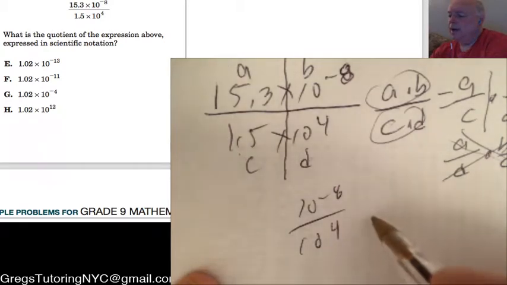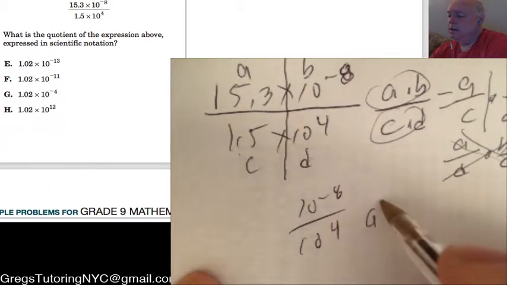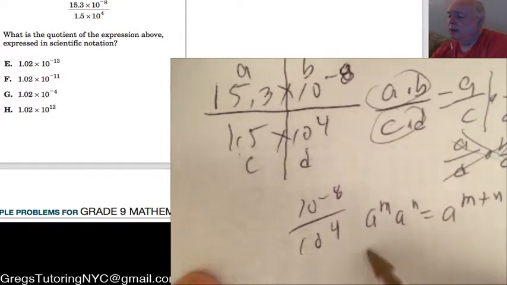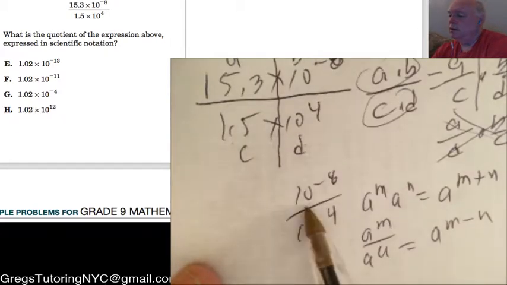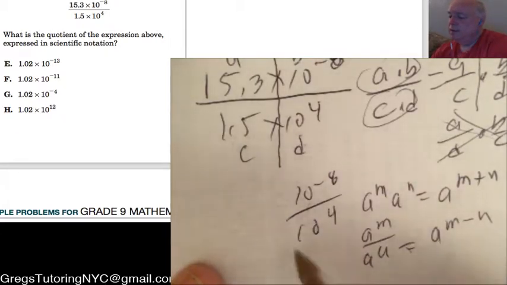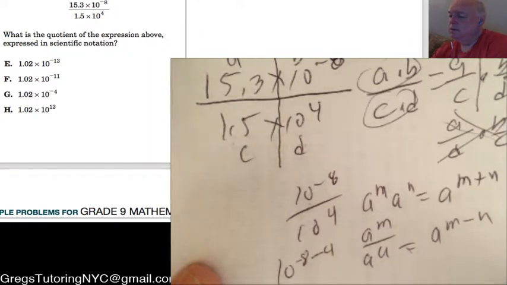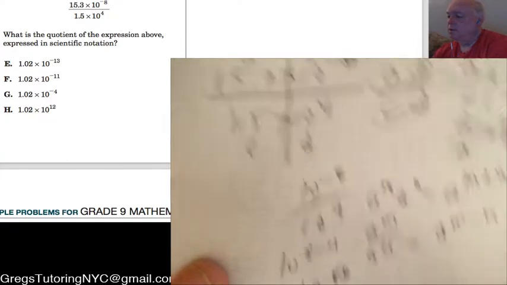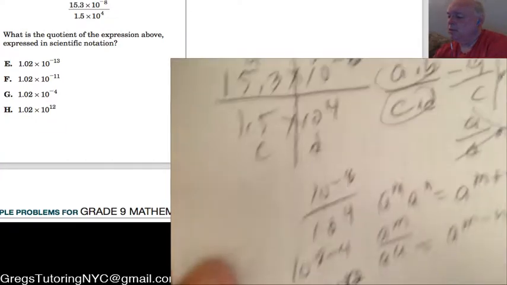So when I have A to the M times A to the N, I get A to the M plus N. And when I have A to the M over A to the N, I get A to the M minus N. So that's our scenario in this case. So we have 10 to the minus 8th minus 4. So we get 10 to the minus 12th. Okay, so that's what this side is equal to, 10 to the minus 12th.